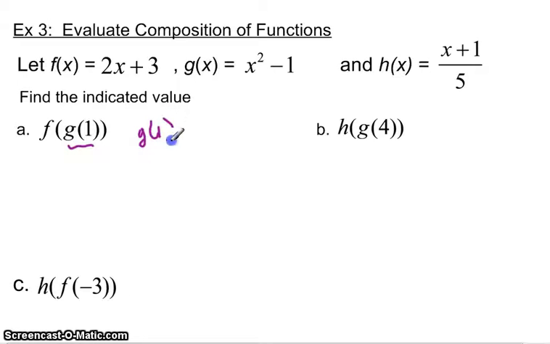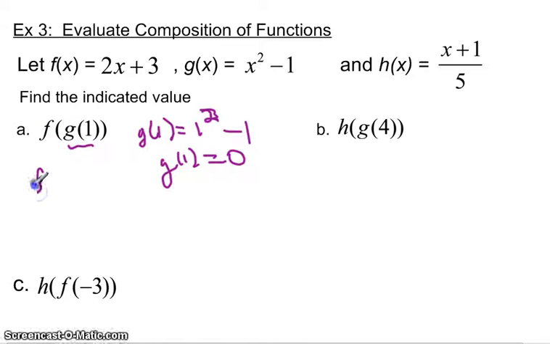g of 1 is going to be 1 squared minus 1. 1 squared is 1, and 1 minus 1 gives me g of 1 equal to 0. Then I'm going to plug the value for g of 1 into this function composition.